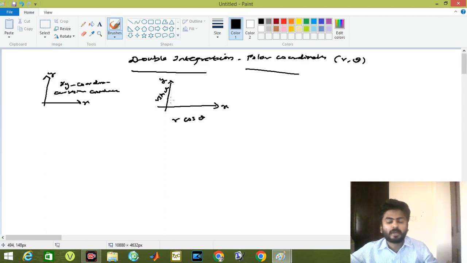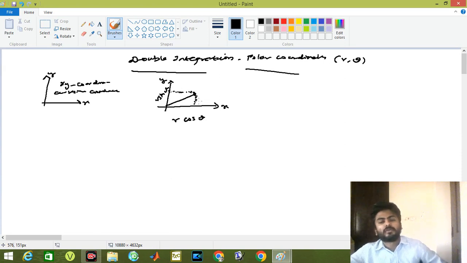So if I am drawing a line here, and suppose this line is going like this, and here is the point, at this point you will have a reference to the y-axis and a reference to the x-axis.